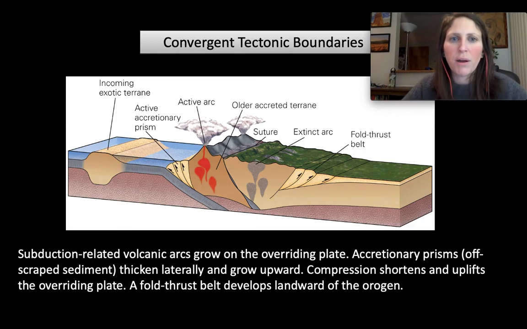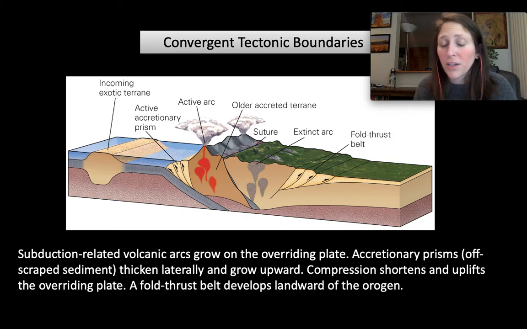So we talked about convergent plate boundaries and how these are going to be where our big mountains are being formed. These are our compressional settings, right? You're creating our folds and we're creating our thrusts. So a lot of times when we talk about mountain building, we have our fold and thrust belts.